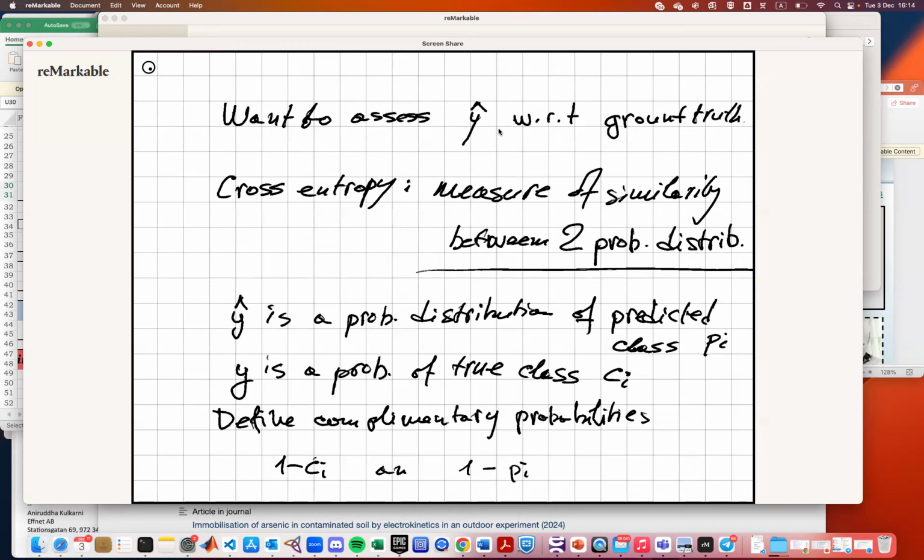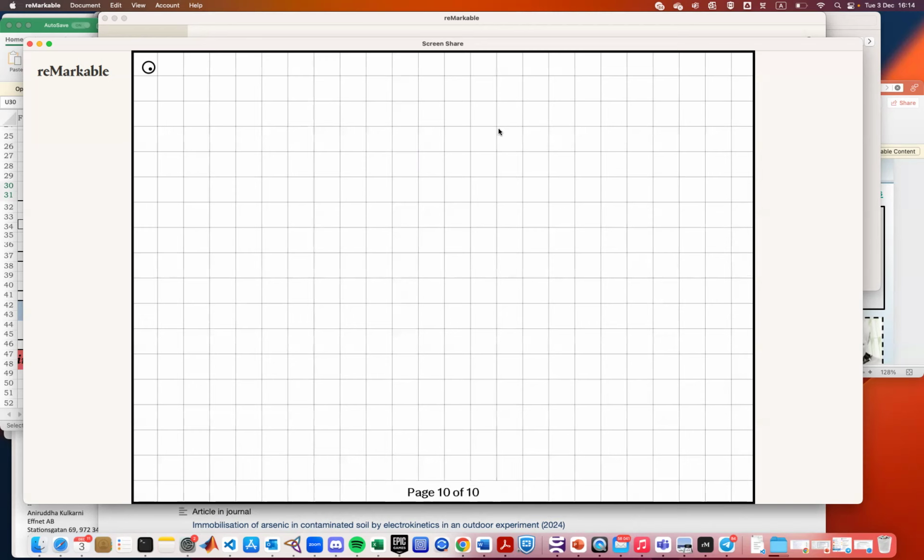So what is cross entropy? How is it defined? Cross entropy H. So you have the probability for the correct class and the probability of predictions.